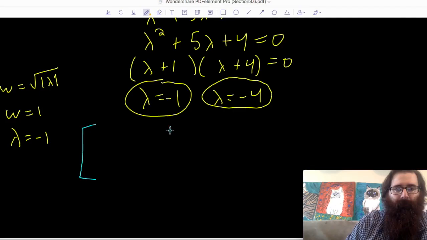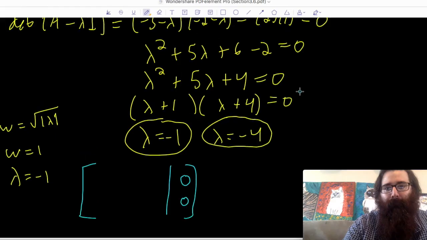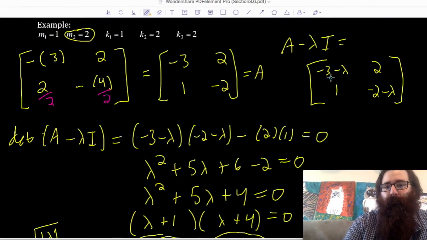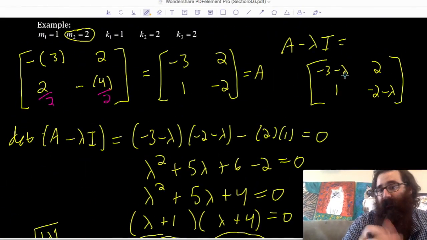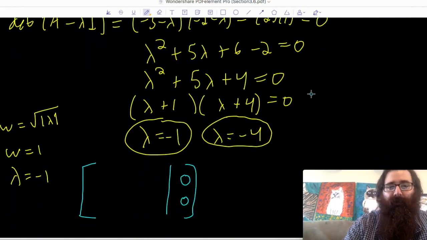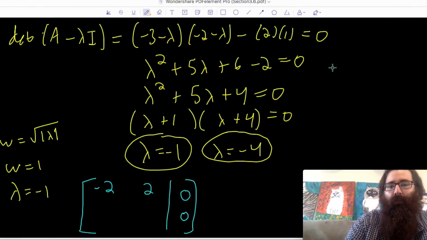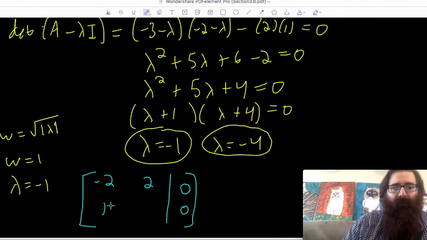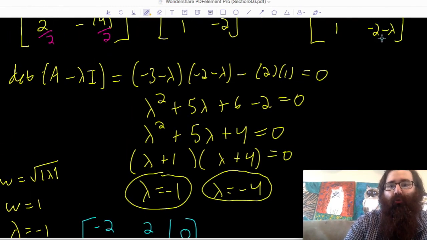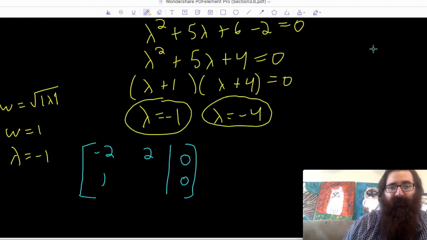If lambda is negative 1, well, what is A minus lambda I? Negative 3 minus negative 1, that's negative 3 plus 1, gives me negative 2. And then 2 augmented with 0. And then we have 1. And then we have negative 2 minus negative 1, which is negative 2 plus 1, which is negative 1.